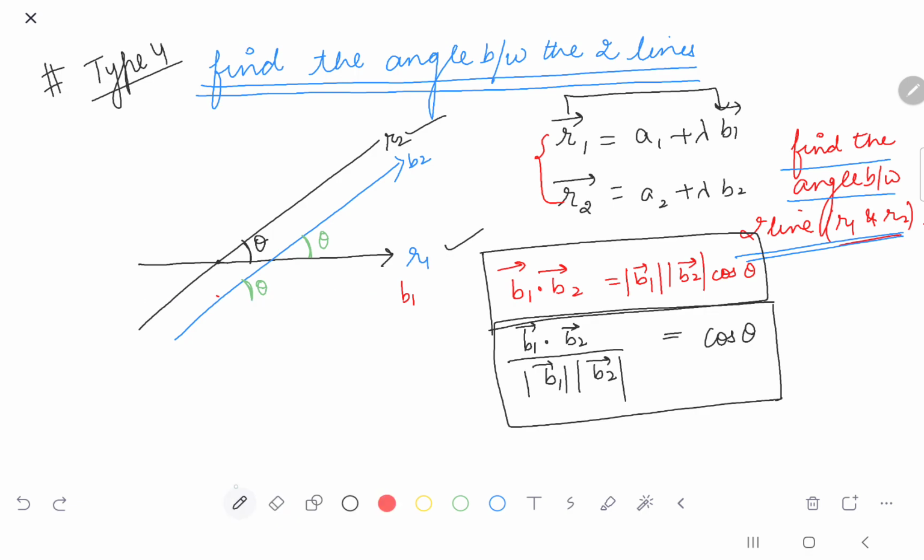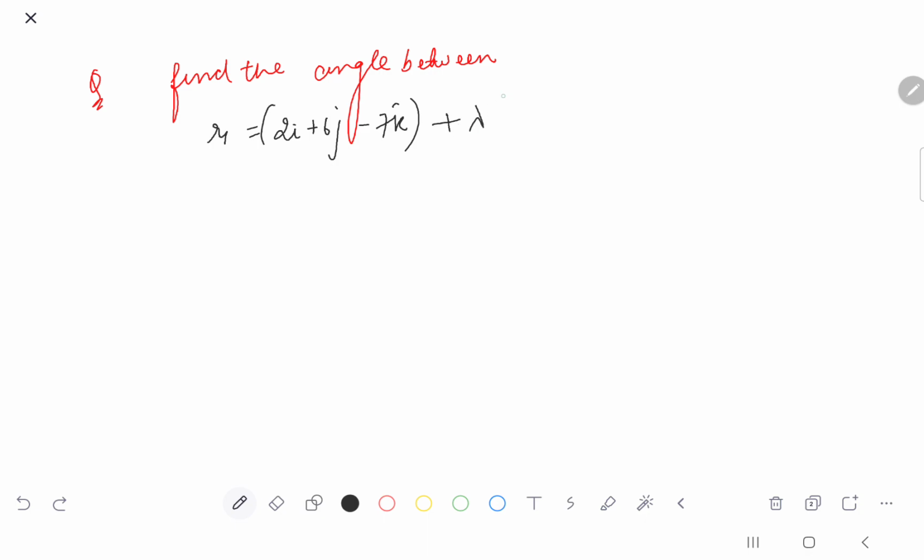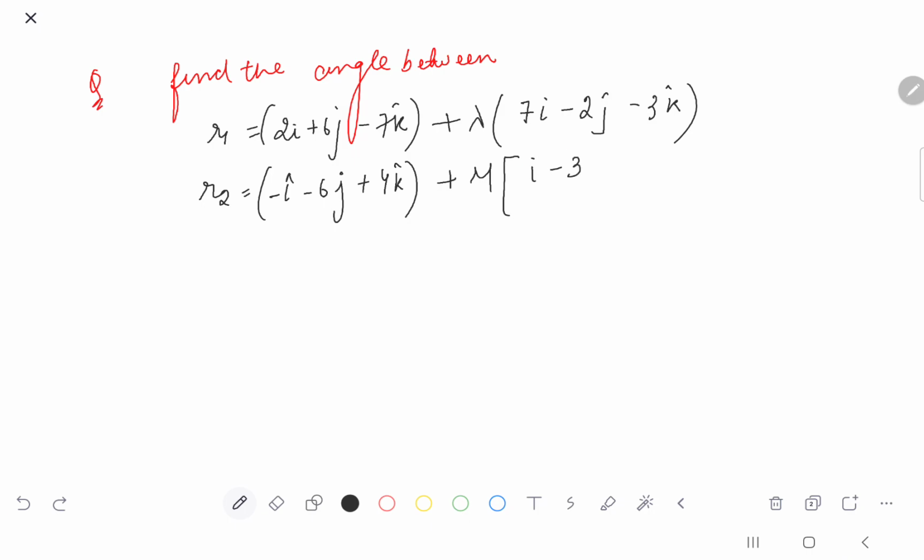What I'm trying to explain here is that if I'm given this question, find the angle between R1 equals 2i cap plus 6j cap minus 7k cap plus lambda times 7i cap minus 2j cap minus 3k cap, and the R2 line is minus i cap minus 6j cap plus 4k cap plus mu times i cap minus 3j cap plus 4k cap.